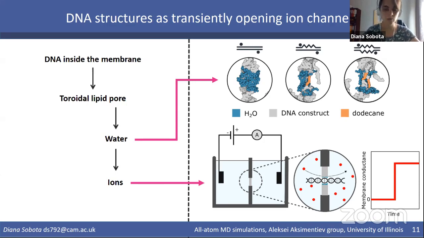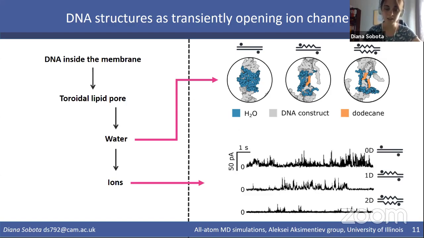So what we would expect is all these structures inserting and, when they insert, forming these steps. What we get is this. So you may think that, wow, it looks really noisy, but it is not. What it shows is that these constructs change a lot. So they don't just insert and stay there. They constantly span the membrane, go in and out.